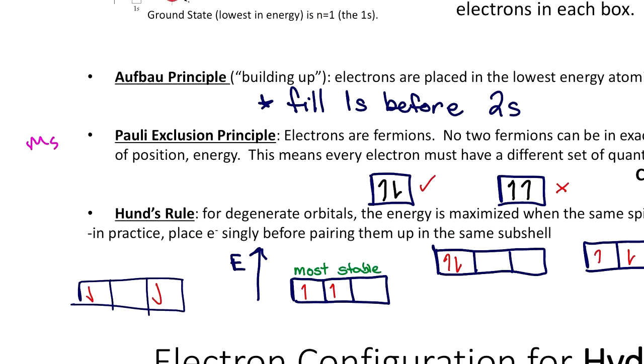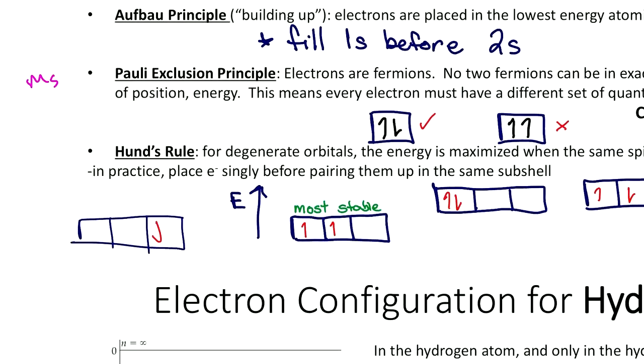We don't have to. If I had 1 electron like this, the picture is the same energy as if I drew the orbitals and had 1 electron there. We don't have to put our electrons in left to right. So just keep that in mind.